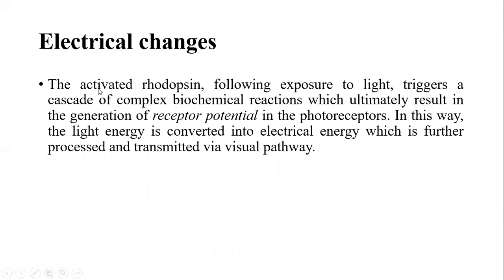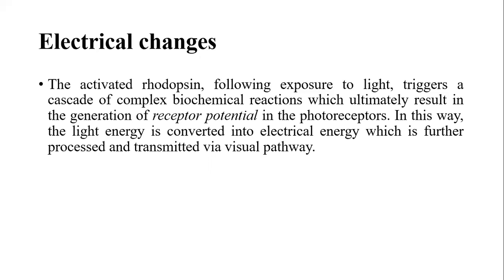Electrical changes: the activated opsin following exposure to light triggers a cascade of complex biochemical reactions which ultimately result in the generation of the receptor potential in the photoreceptors. In this way, the light energy is converted into electrical energy, which is further processed and transmitted to the visual pathway.